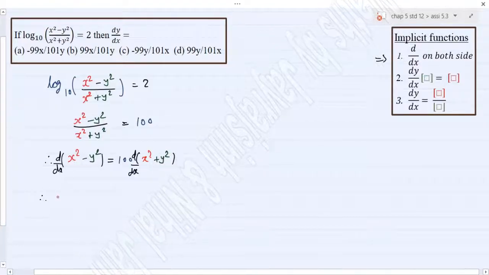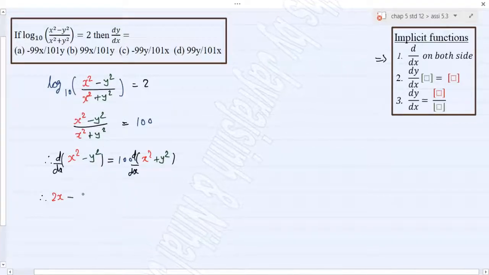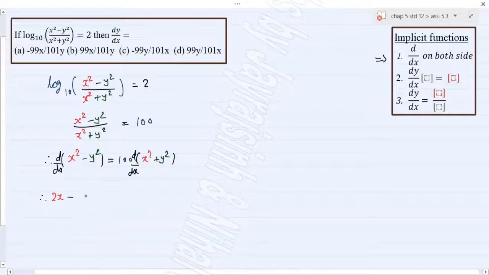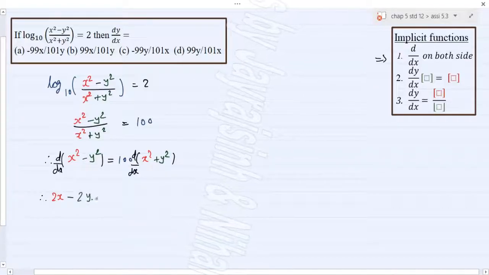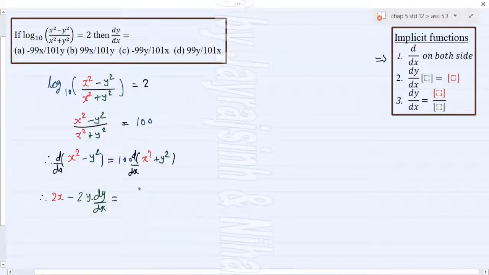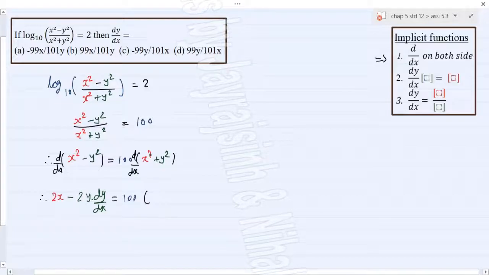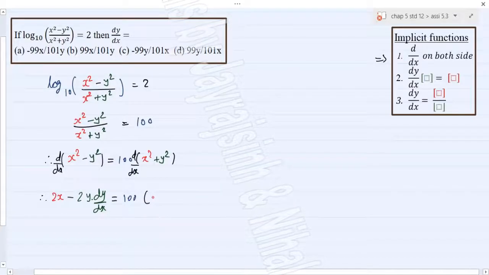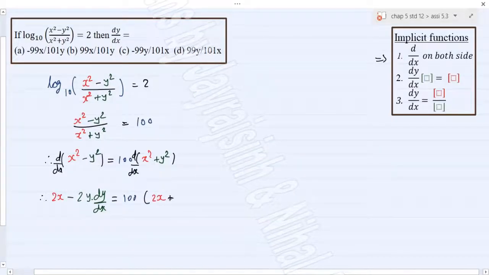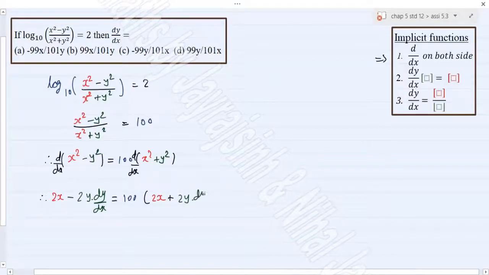Differentiation of x² will be 2x minus differentiation of y², which is a function of y, will be 2y dy by dx, is equal to, 100 is constant, we don't have to worry about it. Differentiation of x² will be 2x plus differentiation of y² will be 2y dy by dx.